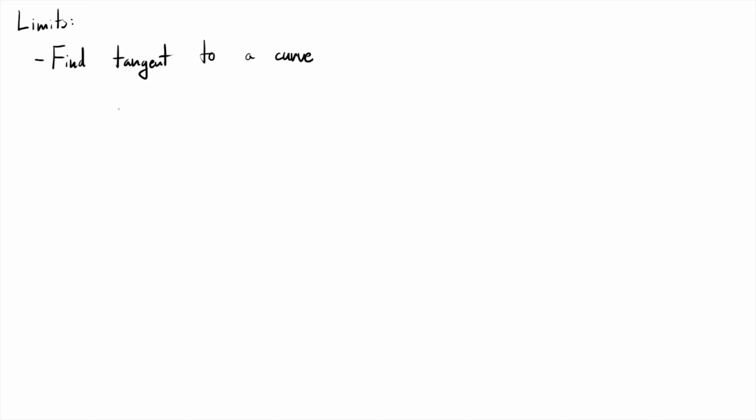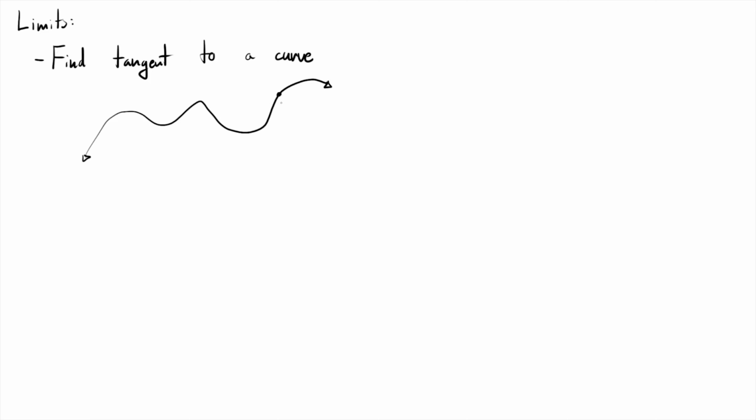Well, this means if I have some sort of a graph, let's just say, doesn't matter what it looks like, let's just say it looks like this. I don't know what this function is, but this is what it looks like. And let's say I give you a point, let's say this point right here, and I ask you to find me the tangent line to this point. Okay, and all a tangent line is a line that only touches this point.